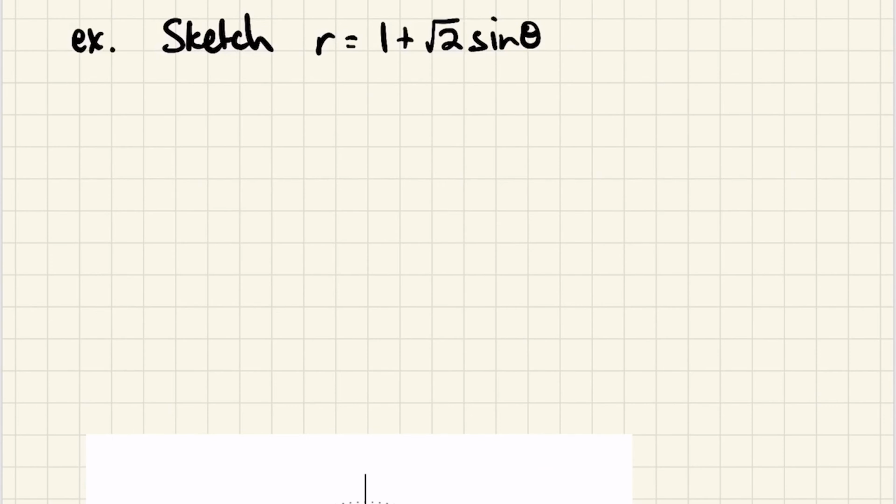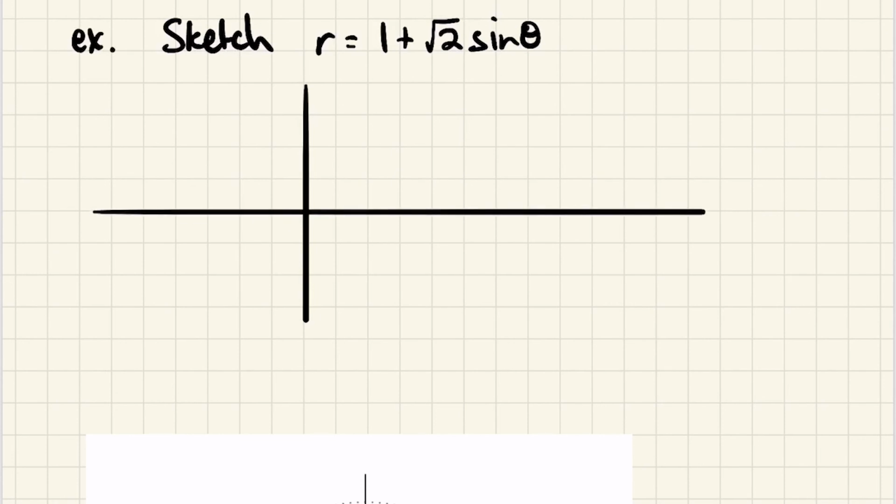Okay, let's sketch this guy now. So we're going to start the same way we started the last one, which is by sketching this on r theta axes and seeing what it looks like in classic Cartesian coordinate mode. So we can see, again, we are going to have a period of 2 pi.